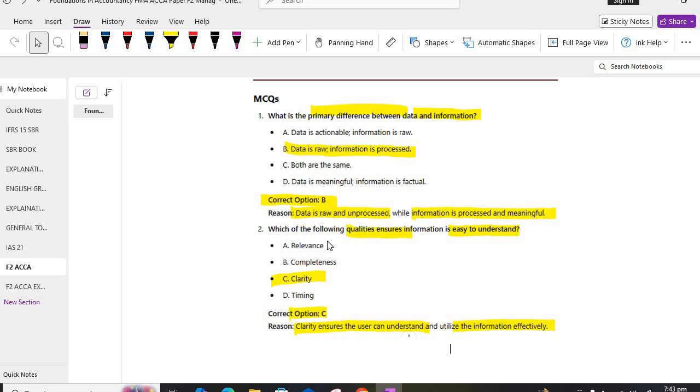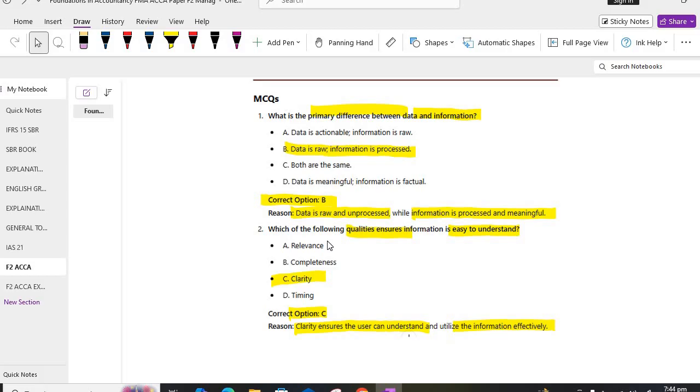Irrelevant information wastes time. And then we have discussed completeness, that all the information must be provided for effective decision making. Then about accuracy, we have discussed that information should be sufficiently accurate for its purpose but avoid unnecessary detail.